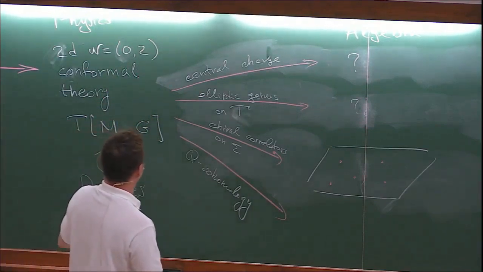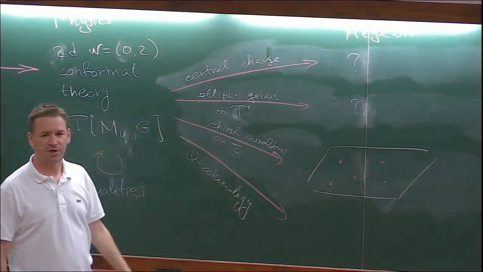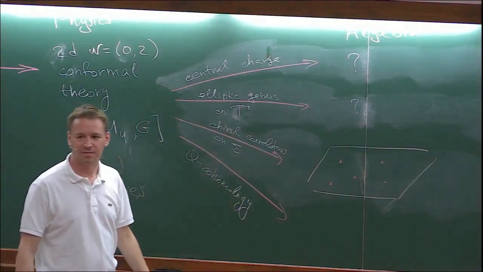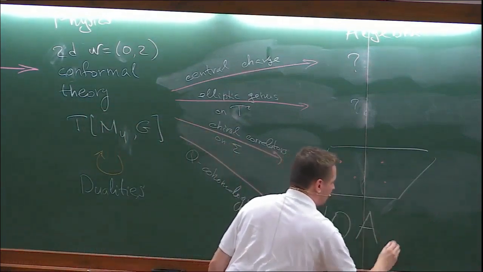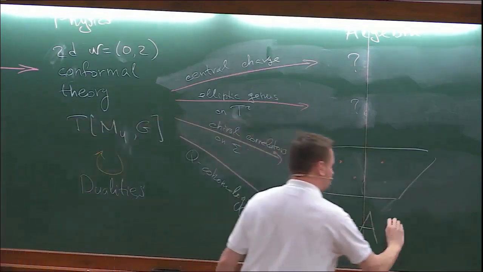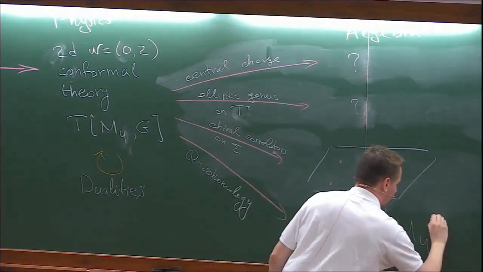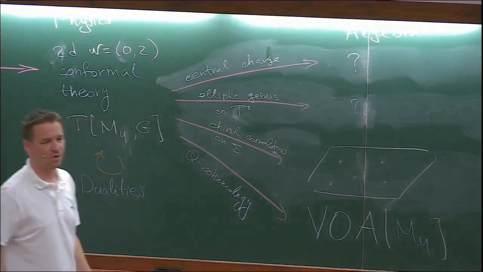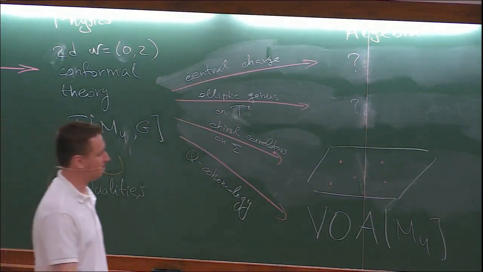So without too much anticipation, I'm going to say that this Q-bar homology operation, focusing on the left-moving sector, gives you a vertex operator algebra because it's essentially a chiral CFT, and a chiral CFT is by definition a vertex operator algebra. So that's what I'm going to call VOA of M4, or again, if you want to be more pedantic, VOA of M4 comma G, but I'll assume that this G is fixed implicitly most of the time.